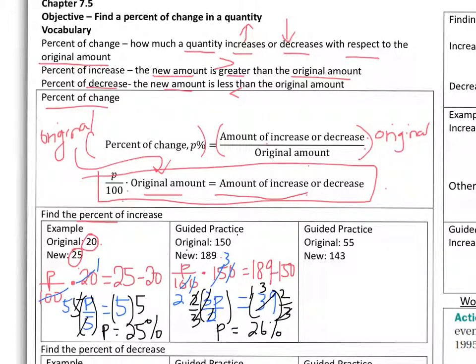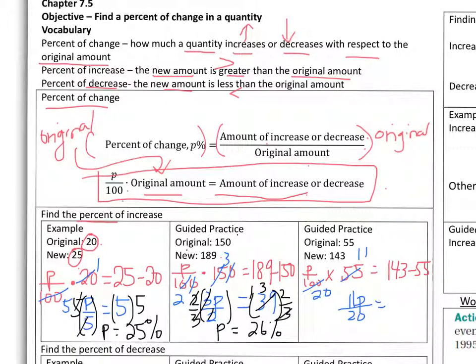And for the next problem, we have P over 100 times the original amount of 55. The new amount of 143, subtract 55. So I can simplify the left-hand side by 5. 11P over 20.